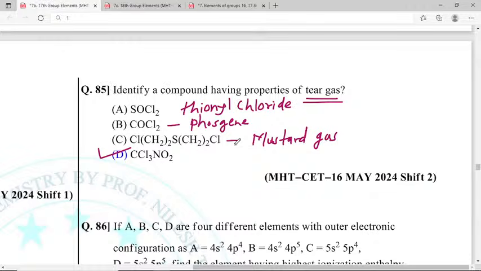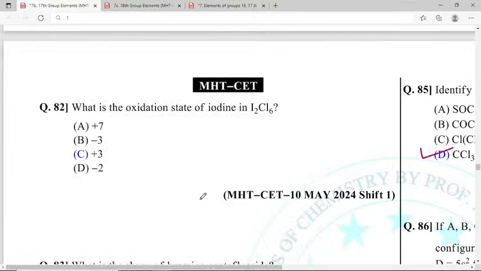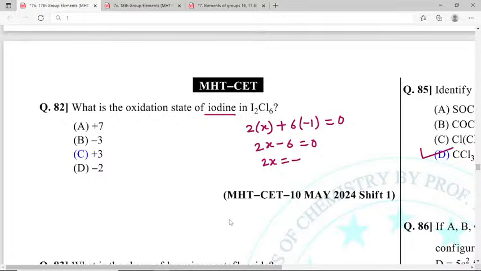Get it? Question number 85. Very easy question. What is the oxidation state of iodine? So for iodine, 2 times X plus 6 times chlorine, which is minus 1, is equal to 0. So 2x minus 6 equals 0, so 2x is equal to plus 6, and x is plus 3.